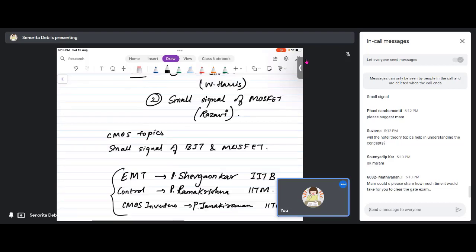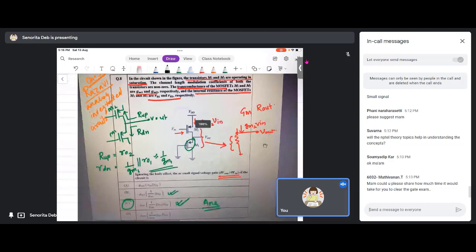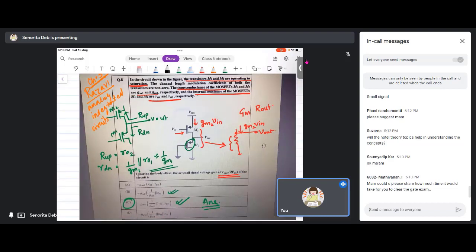Like right now I told you how to look at R up, R down and get the answer. This is a kind of trick, but if in place of this circuit there is another circuit, you should be able to do that also. So that's why next class I will deal with this, and I will tell you how to check this. Okay, is that fine, or is it not according to what you were thinking?